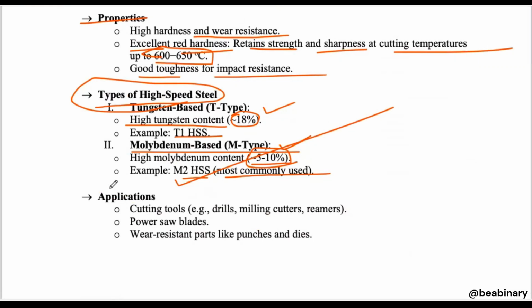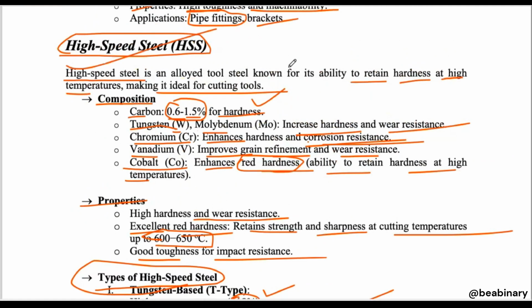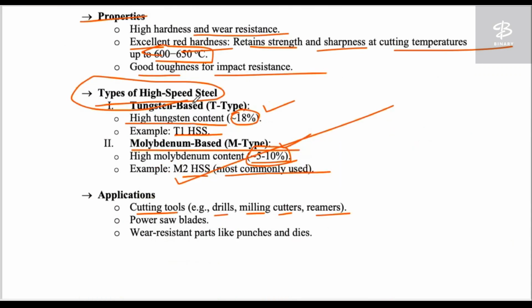If we talk about the applications, then cutting tools, for example drilling, milling cutters, reamers. I have already taken the example of lathe machines, so they have a tool. Most of the time HSS is used for tools, either cutting tools, shaping tools or drilling tools.